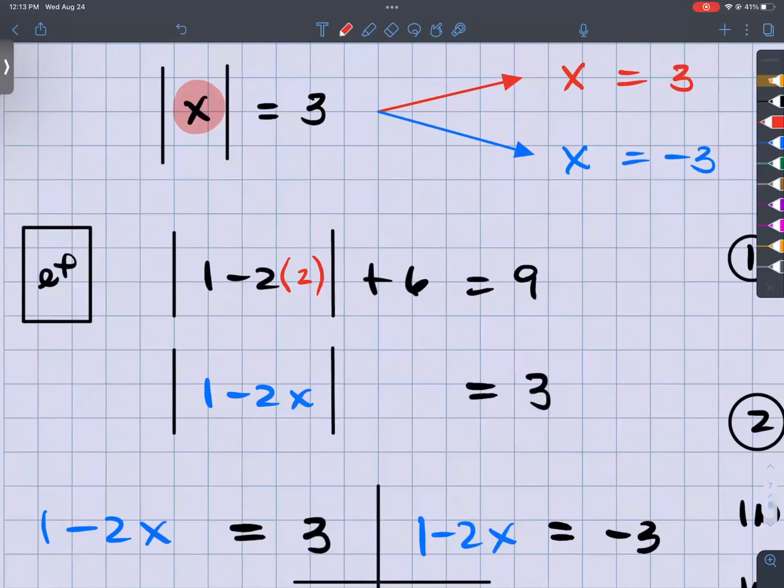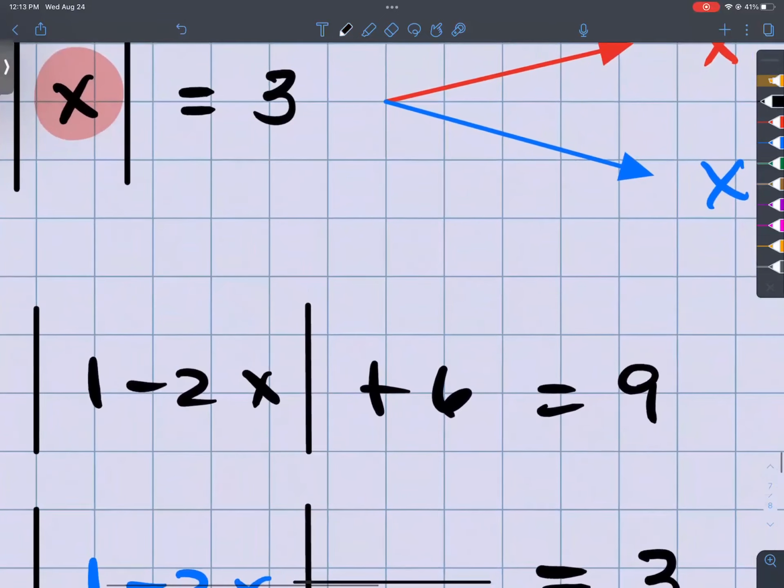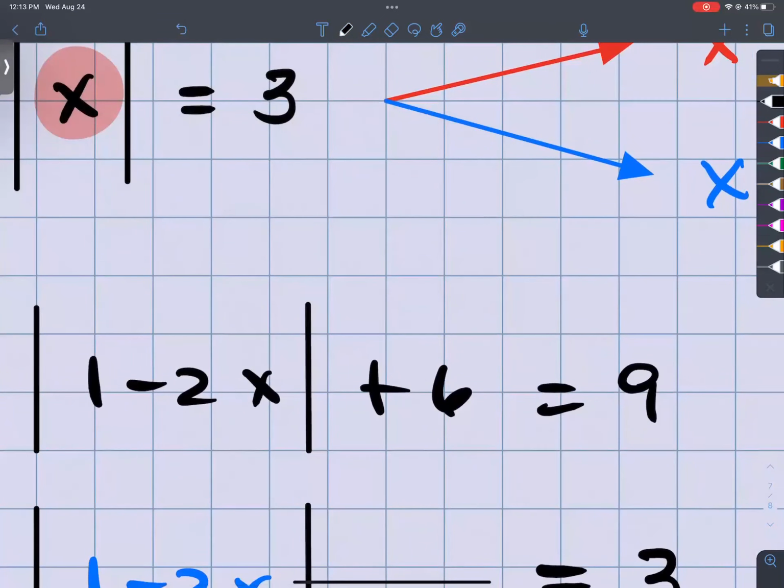It won't be worded. It's literally going to be given like this example right here. The problem would look something like this, just like if it was a square root problem. It would just be solve for x. But what you're looking for is these absolute value signs.